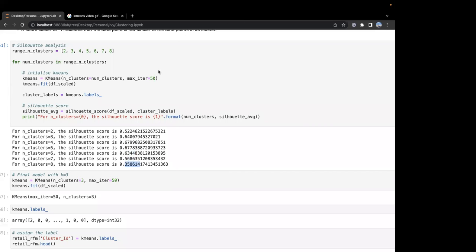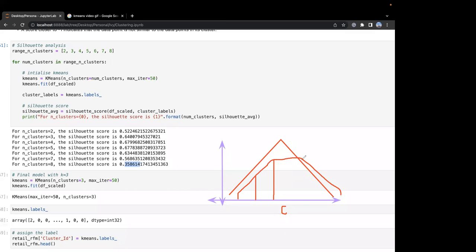It will look something like this, right? And obviously not exactly like this. So the peak of the silhouette score, and this will be the number of clusters on the x-axis. Here cluster 1, cluster 2, cluster 3, cluster 4, after that cluster 5, cluster 6, which you can see here.